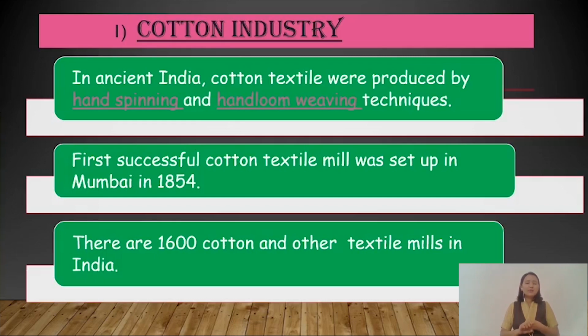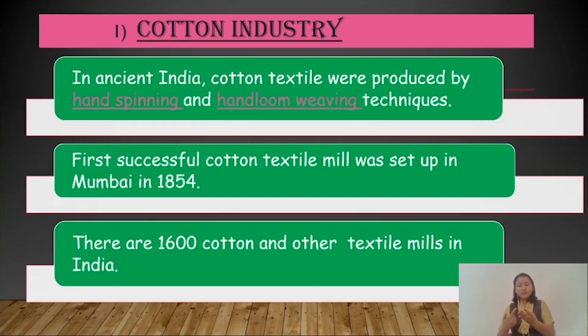Later, in 1854, a drastic change happened: the first modern cotton textile industry was set up in Mumbai, equipped with modern technology for spinning and weaving.